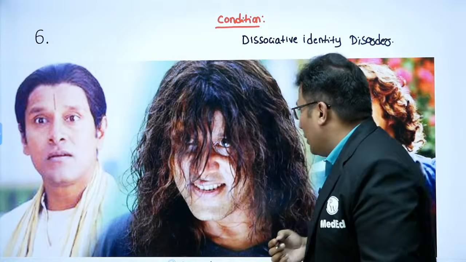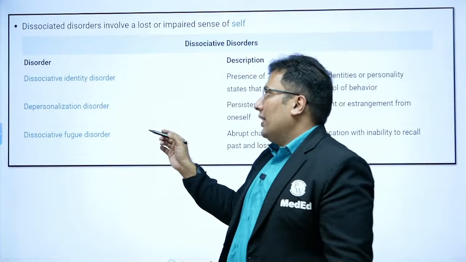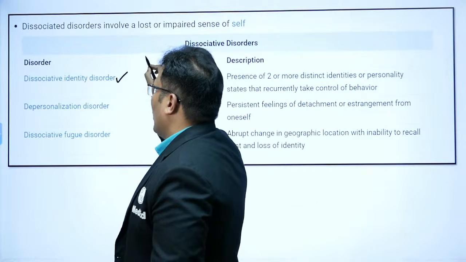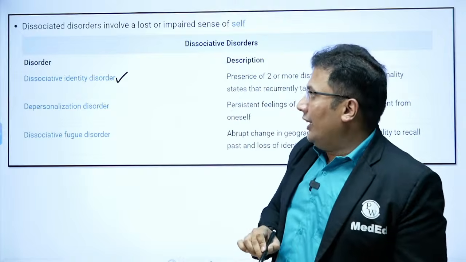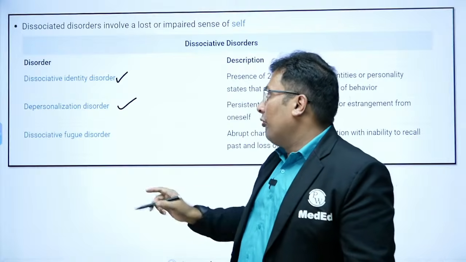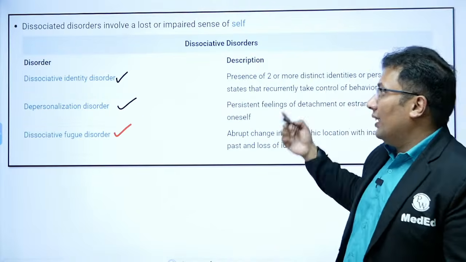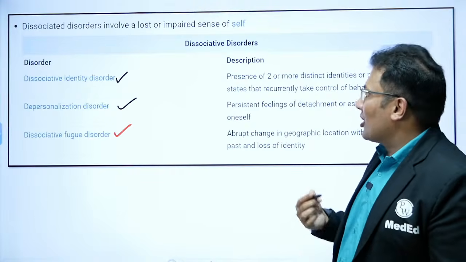So there are 3 conditions you must mention in the exam. One is dissociative identity disorder, depersonalization disorder, and the third one, dissociative fugue disorder. Fugue. And also go through the description given in the standard textbook.